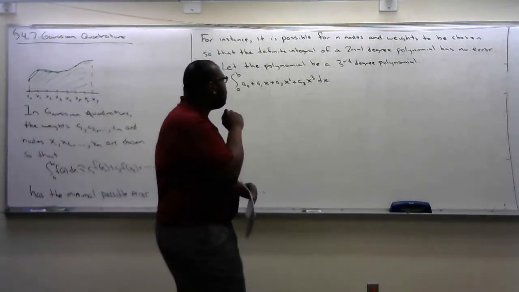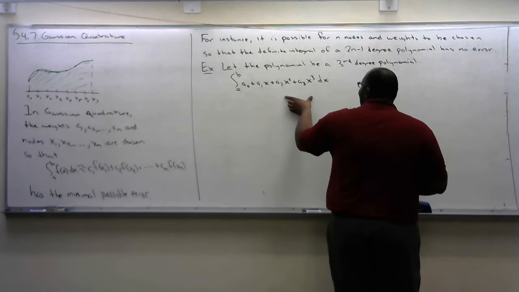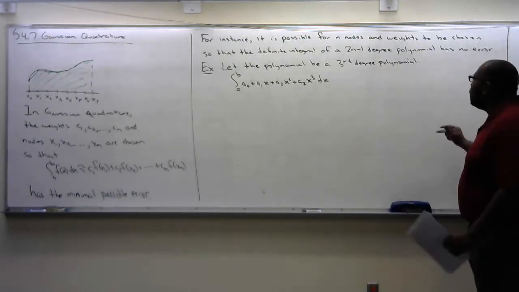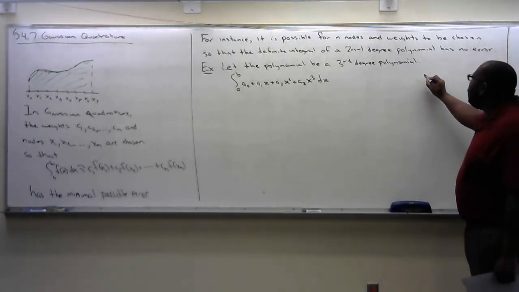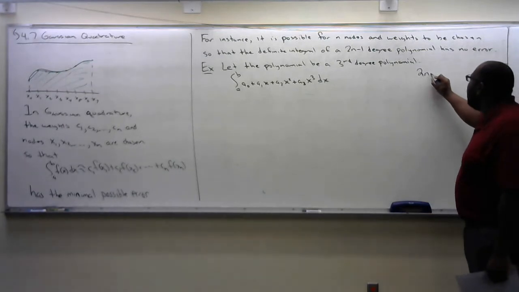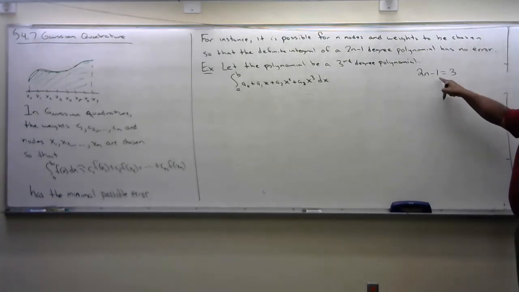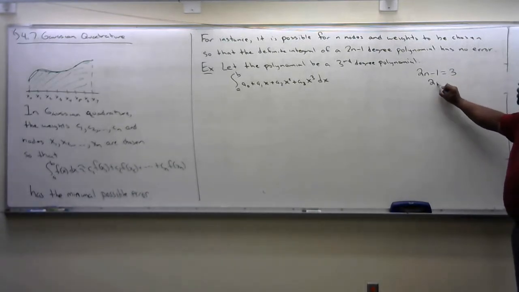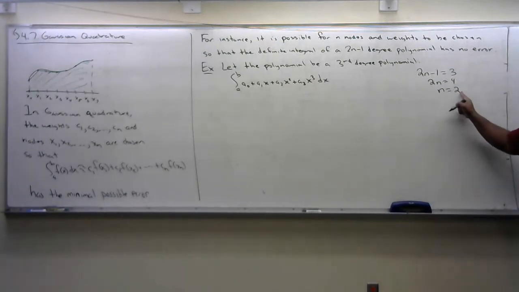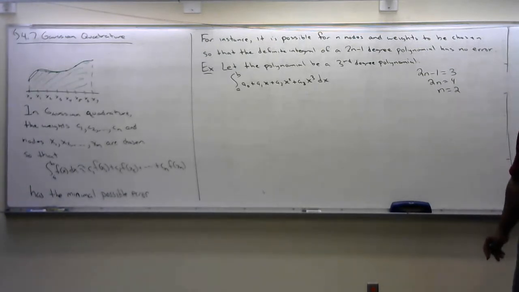So if we deal with a third degree polynomial, we have 2n minus 1 equals the degree of my polynomial. So 2n minus 1 equals 3. So 2n is equal to 4, so n is equal to 2. It should be possible, unless I'm lying, right?